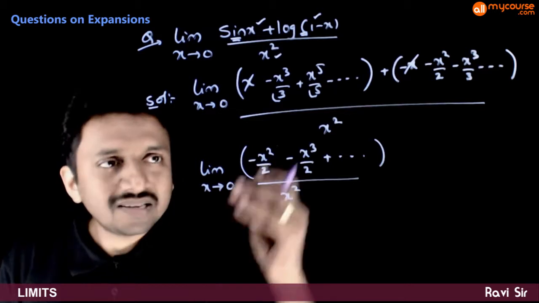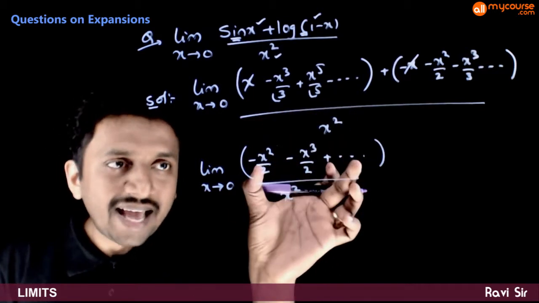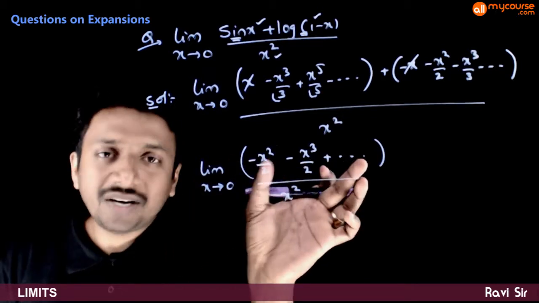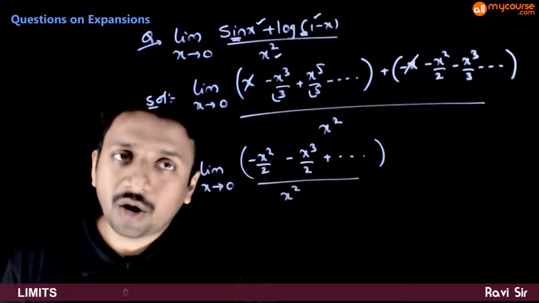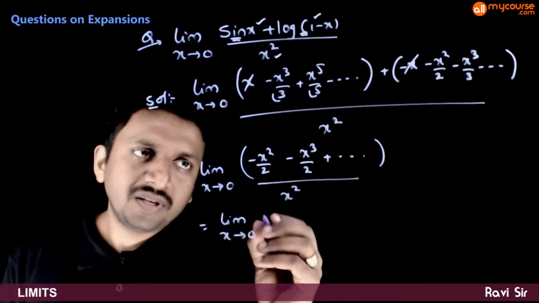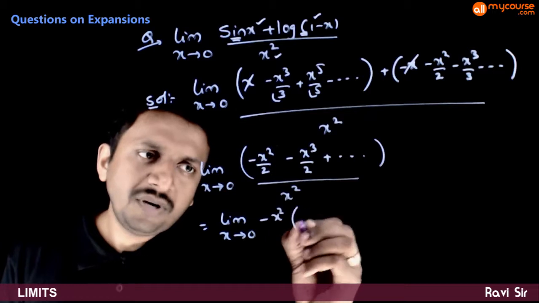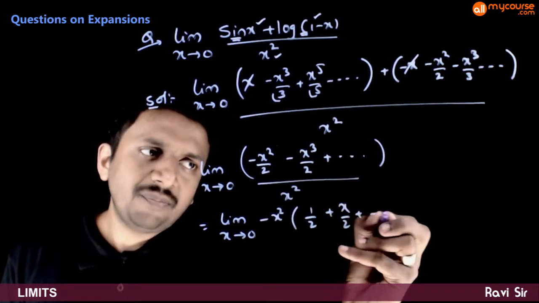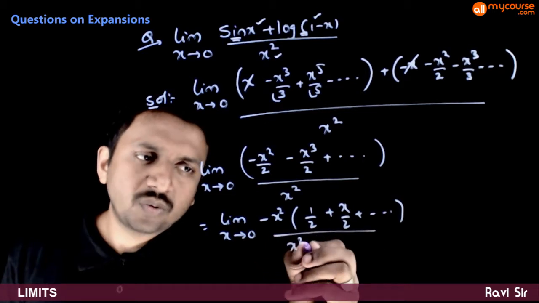Now what we do is we take x square common in our numerator. So that is equal to limit x tends to 0. I'll take minus x square as common. So you have 1 by 2 plus x by 2 plus so on, by x square.